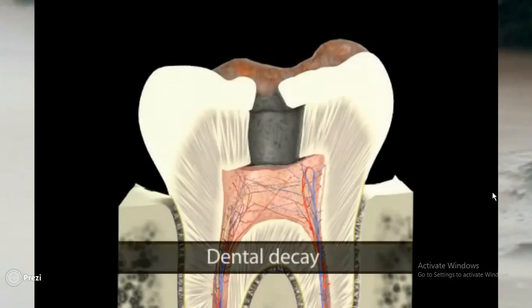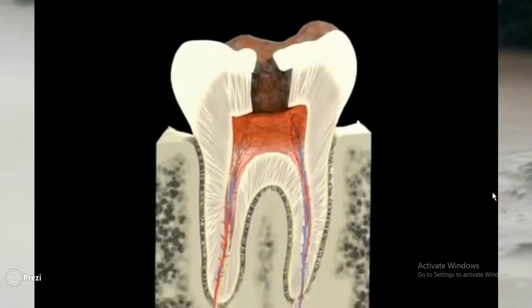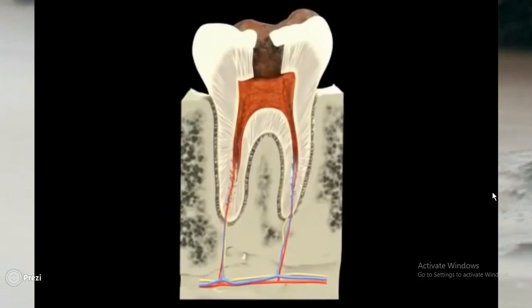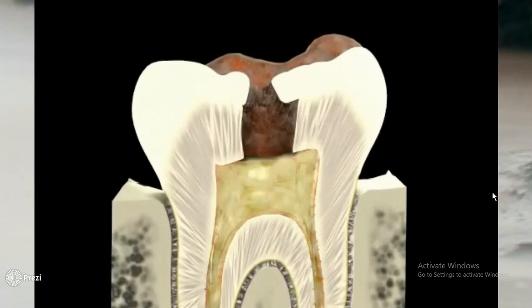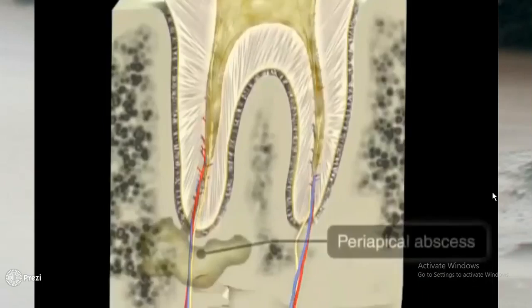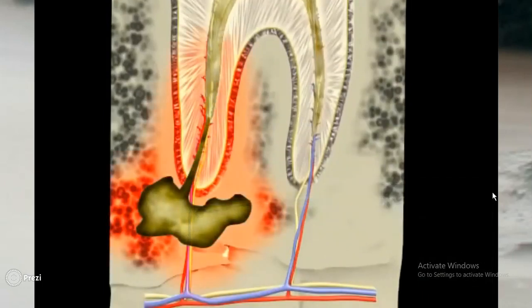This is known as dental decay. The holes allow bacteria to invade the tooth and destroy the tooth pulp. White blood cells then pour into the affected area, and pus forms, producing a periapical abscess, the most common type of dental abscess.